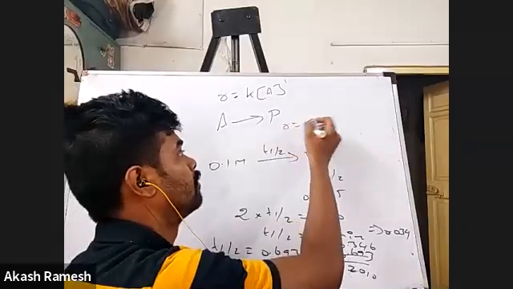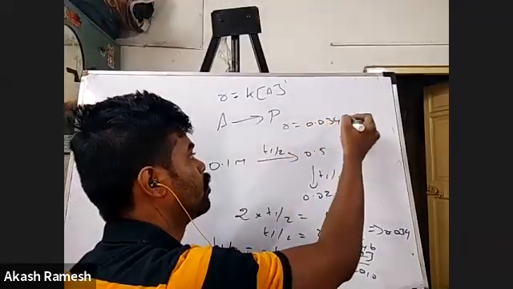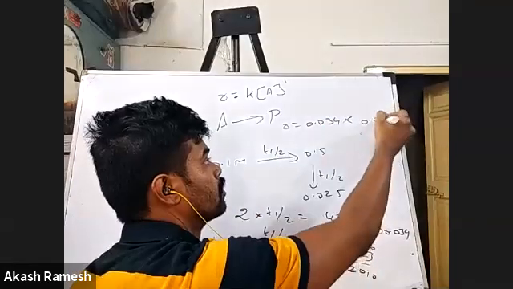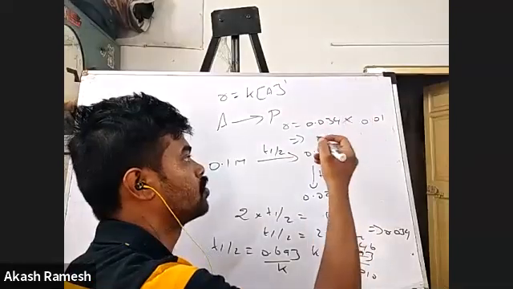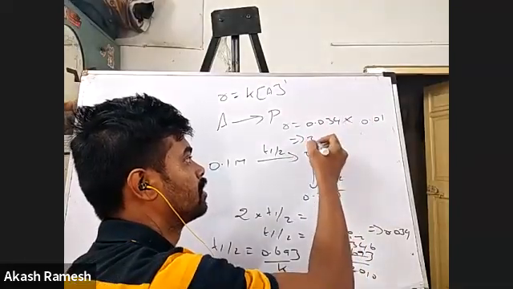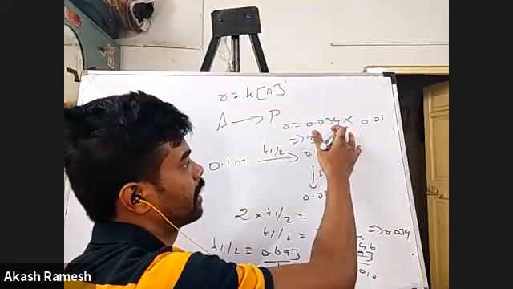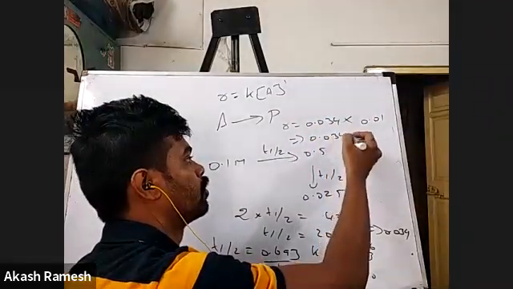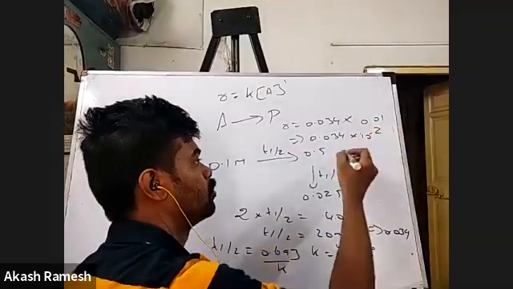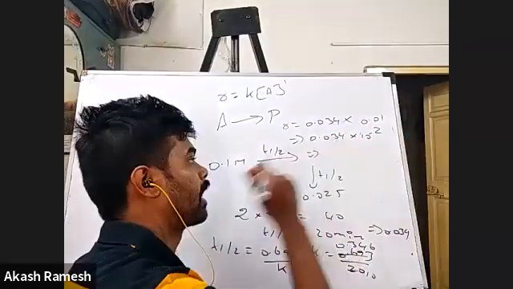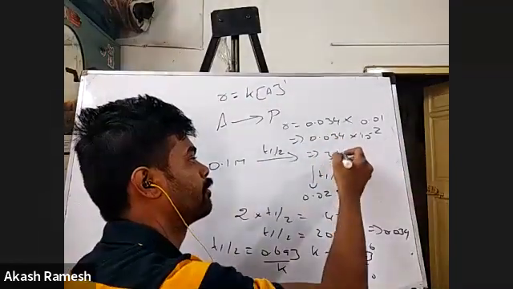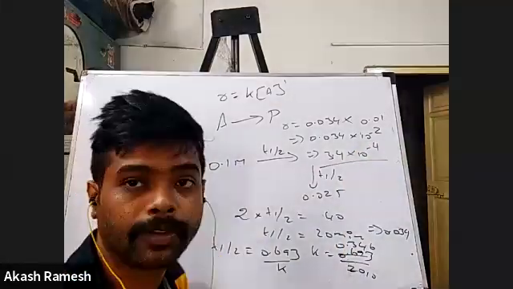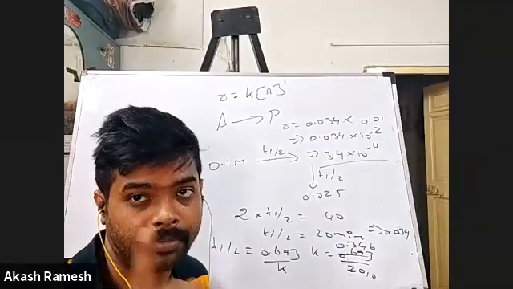So R will be 0.034 into the concentration of A, which is 0.01, so it's 10 to the power minus 2. So it is 0.034 into 10 to the power minus 2, or I can write it as 3.4 into 10 to the power minus 4 mole per liter per minute.